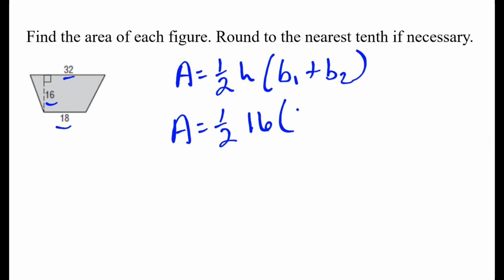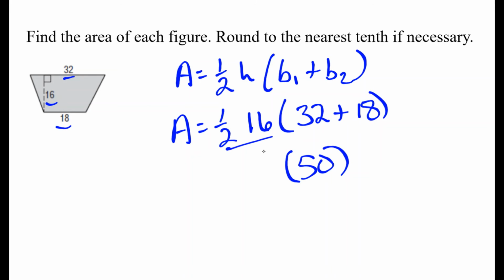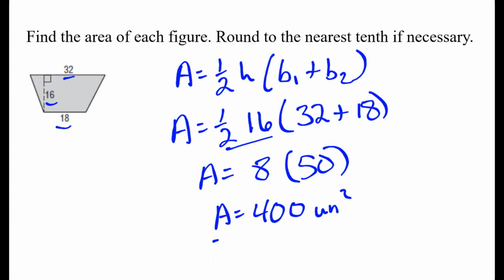Base 1 plus base 2 is 32 plus 18. 32 and 18 add up to 50. Half of 16 would be 8. So we're looking at 400 square units here for this problem.